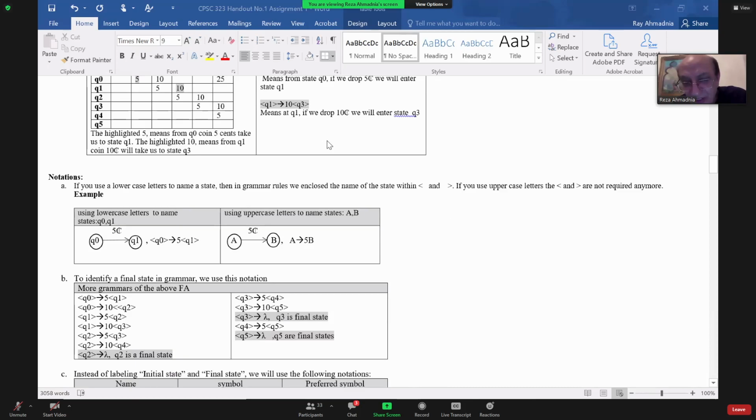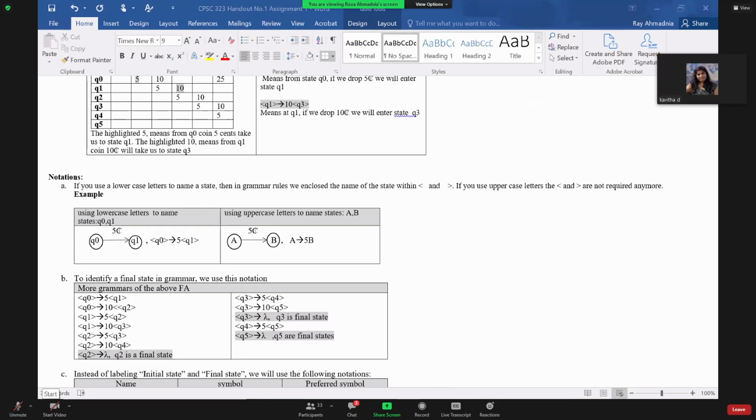When you write all the grammars, any grammar which ends up at lambda on the right-hand side means that state is a final state. You don't have to write anything else. Just Q2 goes to lambda. That's it. That state is a final state.